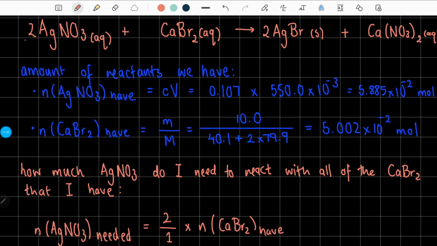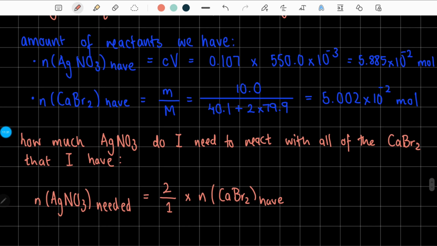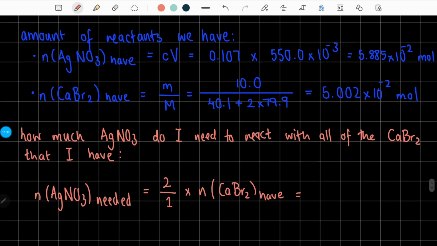The 2:1 comes from this molar ratio over here. All right, so this will be 2 times this amount, right? Which gives me 0.1004 moles.